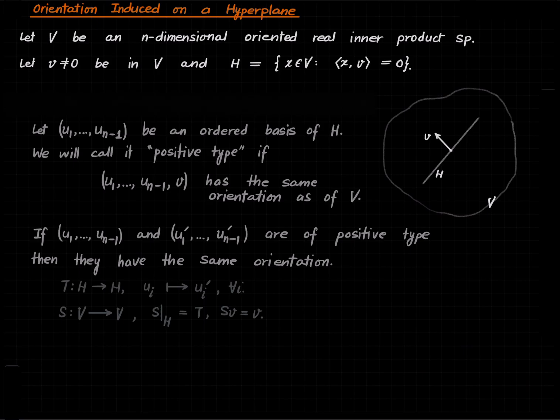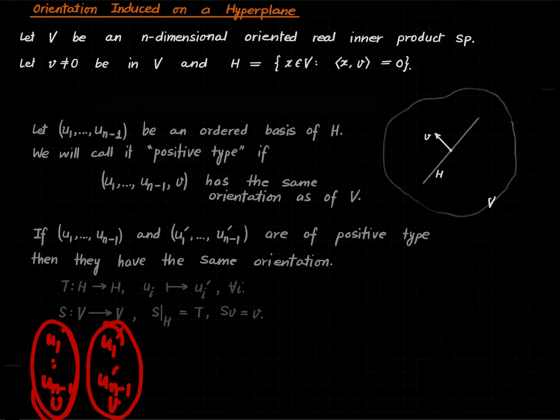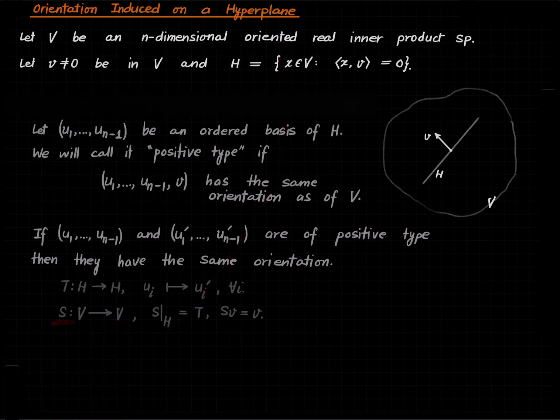Because what is S doing? It is sending u1 to u1 prime, up to un minus 1 to un minus 1 prime, and v to v. So this particular ordered basis is sent to that ordered basis. And by definition of positive type, these both agree with the orientation of the vector space V, and hence S has positive determinant.